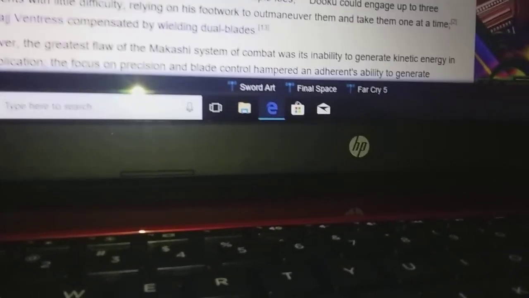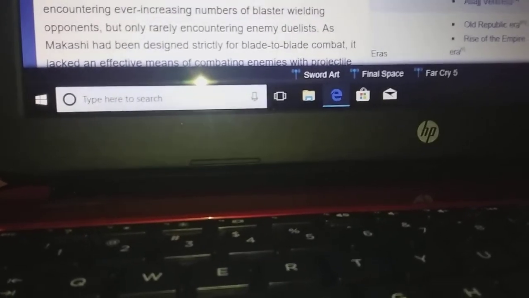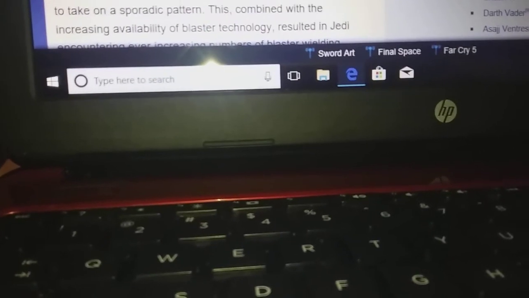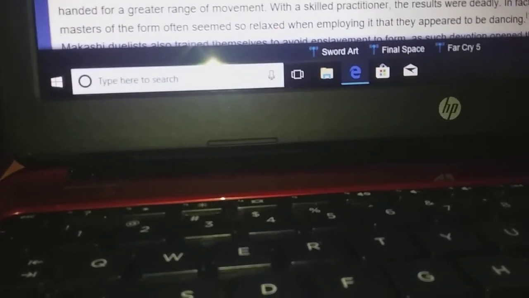However, the most famous user would have to be Count Dooku. Interestingly enough, many different individuals used it, but Count Dooku is, I think, the most pure example of Makashi.